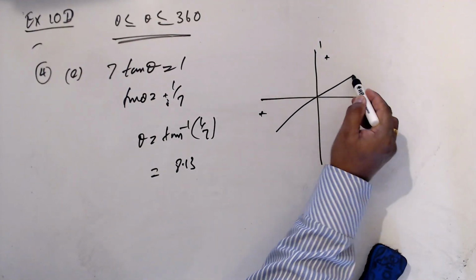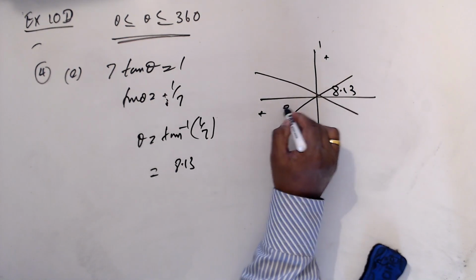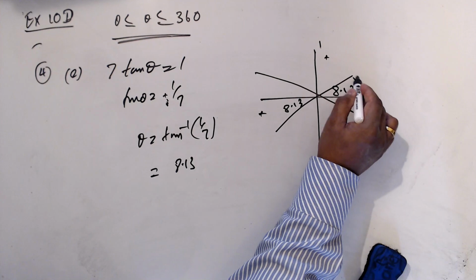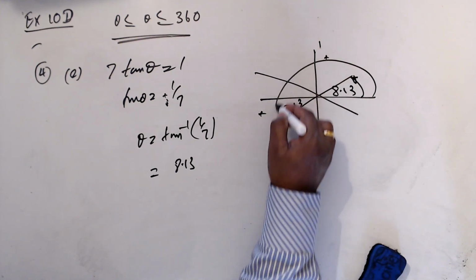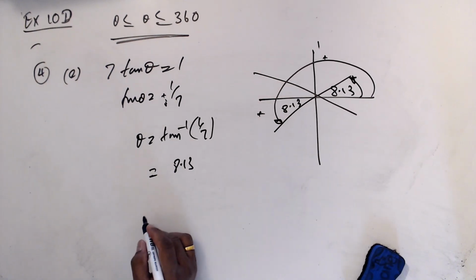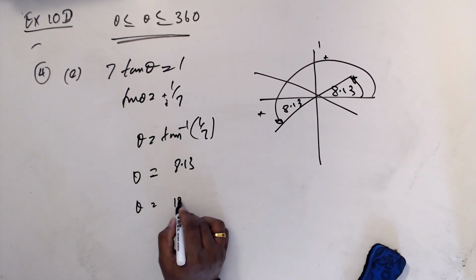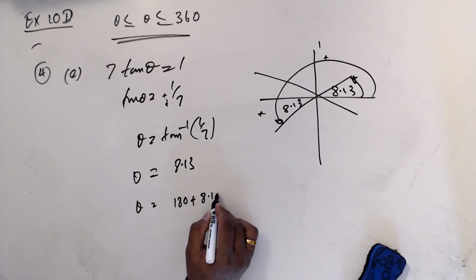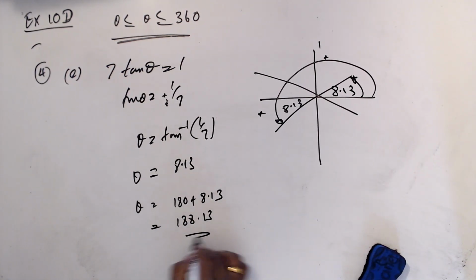So this is 8.13 and this is 8.13. One answer is this one. The other answer is theta equal 180 plus 8.13, so 188.13.